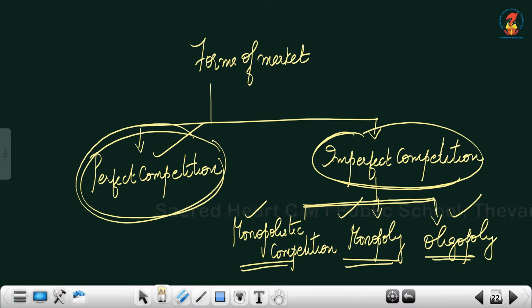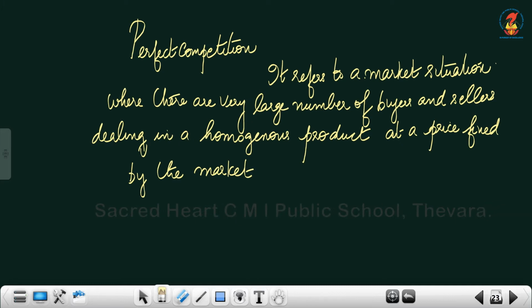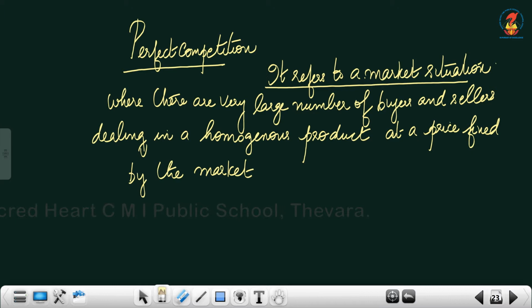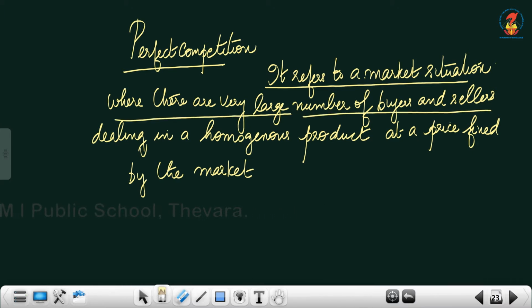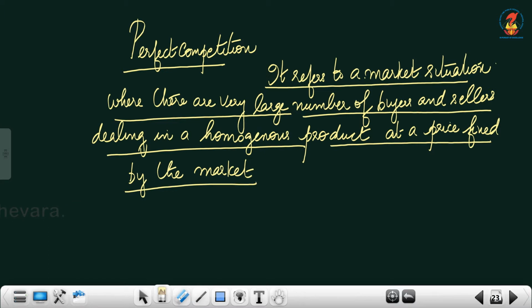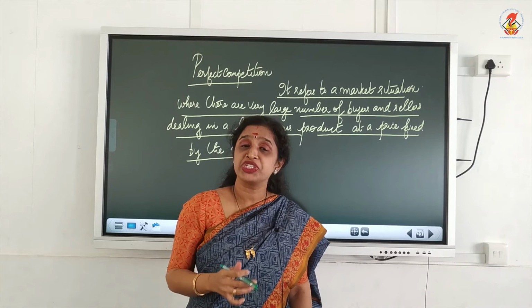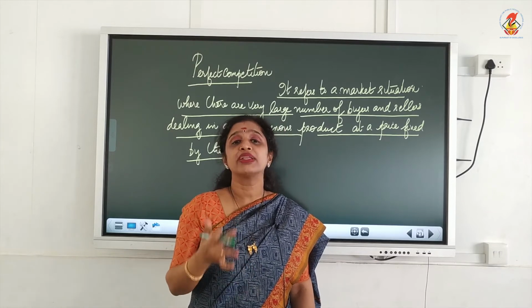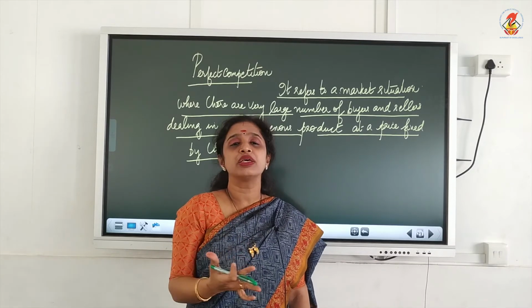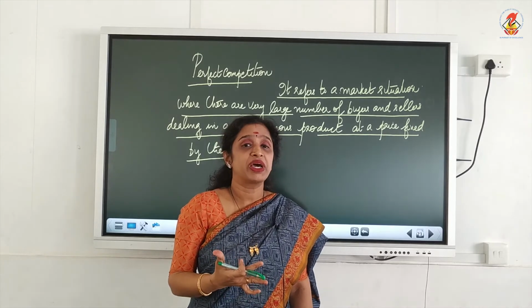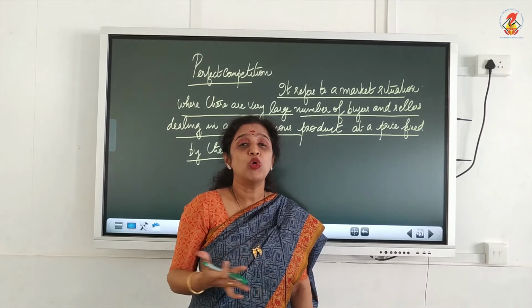Now, let us see what is this perfect competition. The perfect competition refers to a market situation where there are very large number of buyers and sellers dealing in homogeneous product at a price fixed by the market. So, what is meant by a perfect competition? A perfect competition is a market situation where there are large number of buyers and sellers, and these buyers and sellers will be dealing with homogeneous products.